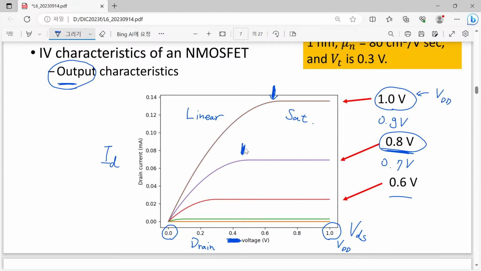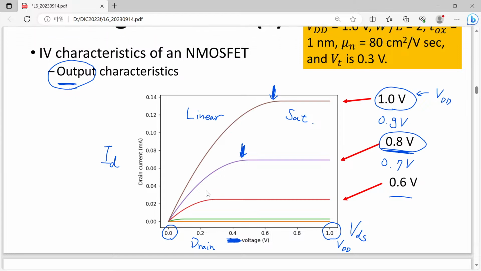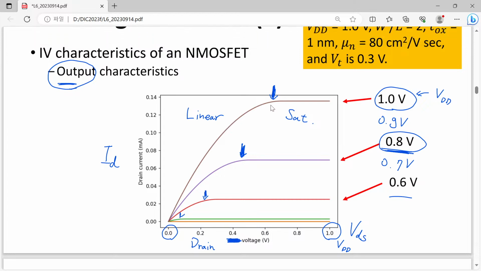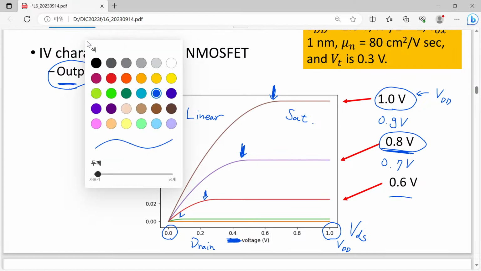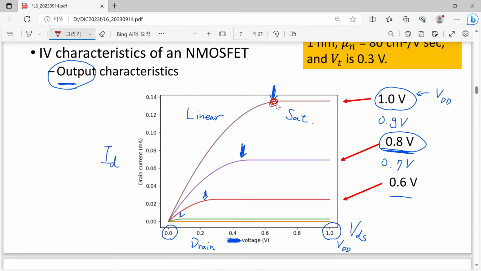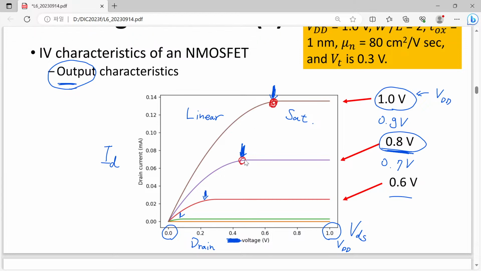Maybe somewhere here for the transition between linear mode and saturation mode, and here you have it. And wow, it is difficult to see, but maybe somewhere here. And one important thing is, if we collect them all, you can find that here we have something, and here we have something, and here we have something, and here we have something.